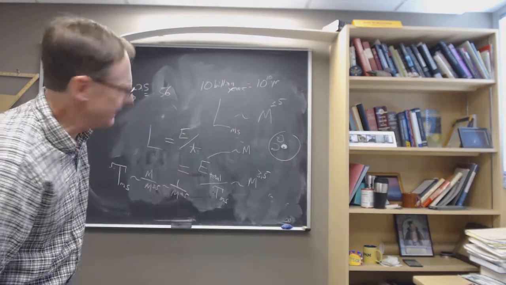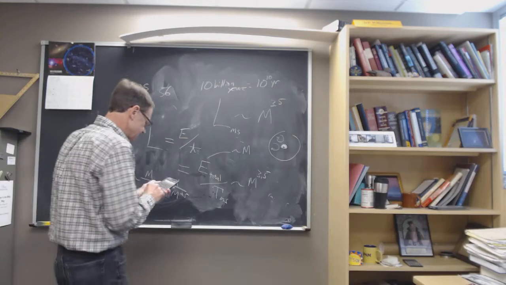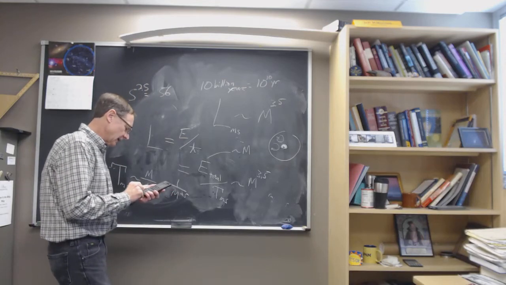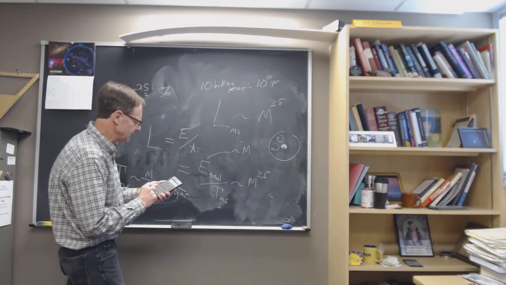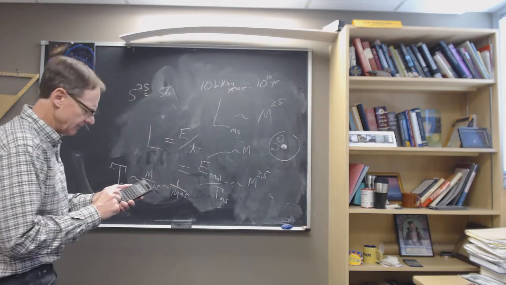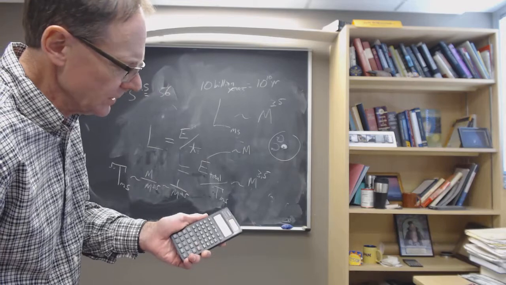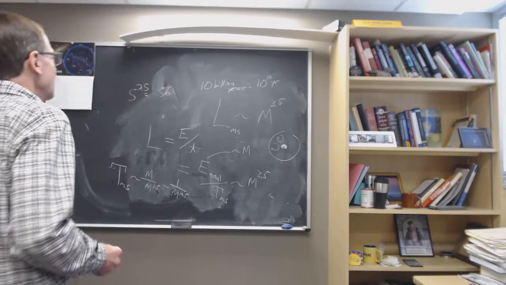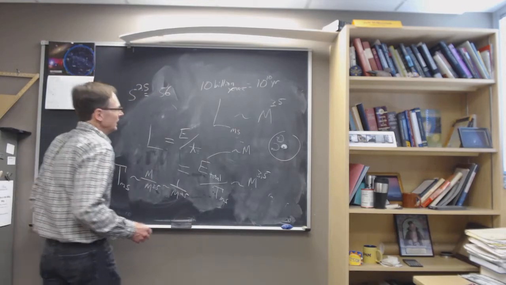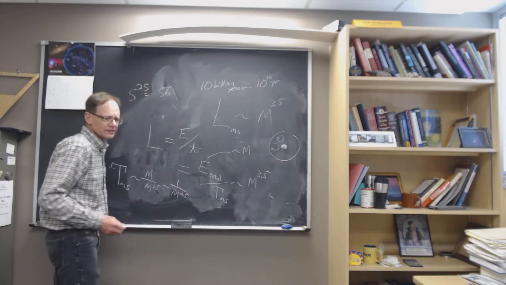And so 10 to the 10 divided by 56 gives us 1.8, let's say 2 times 10 to the 8th. So 200 million years is roughly what this is.